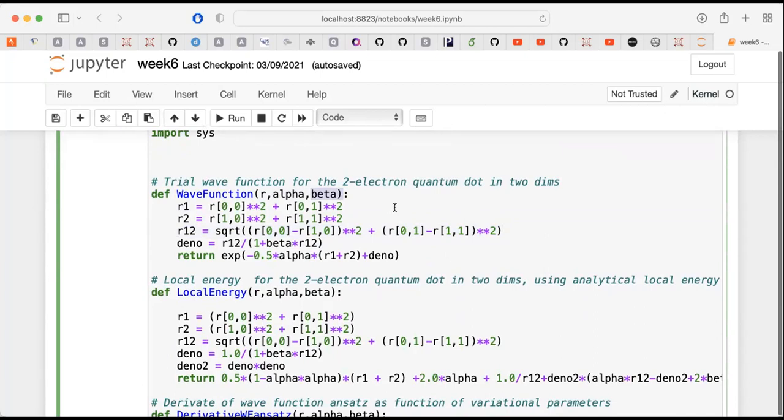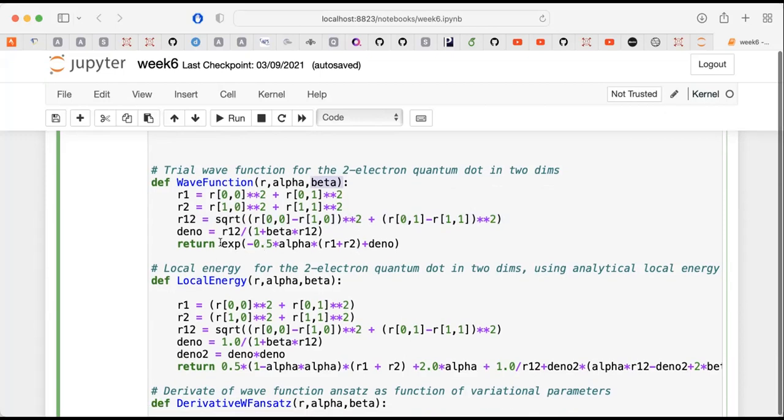Beta is more a kind of fine adjustment, which happens to occur in the correlated part of the wave function. And the correlated part of the wave function is the exponential of the relative distance divided by 1 plus the parameter beta times the relative distance. And then it returns simply the exponential of the product of two harmonic oscillator wave functions multiplied with the correlated part, which is now given by this denominator here.